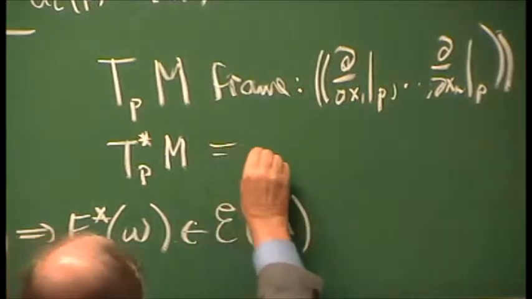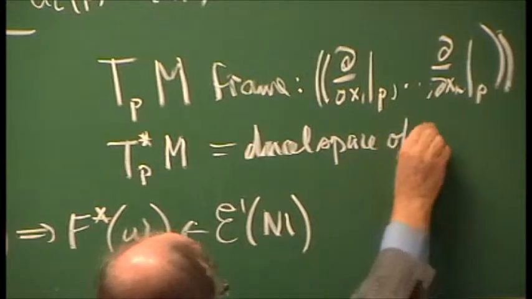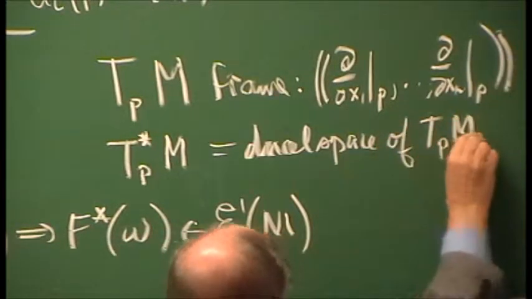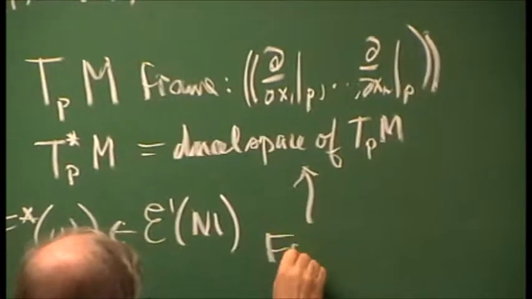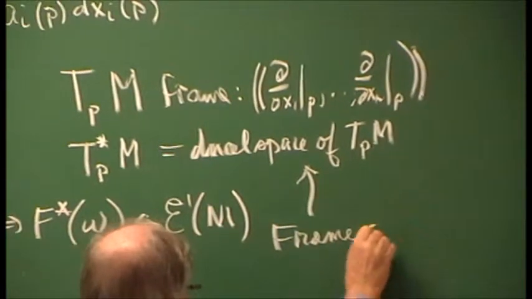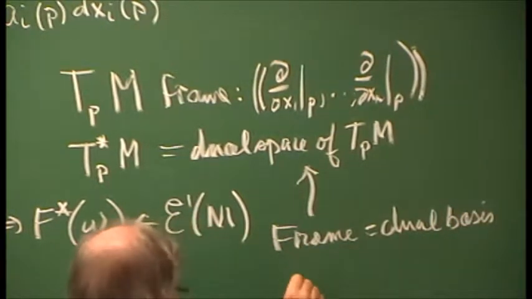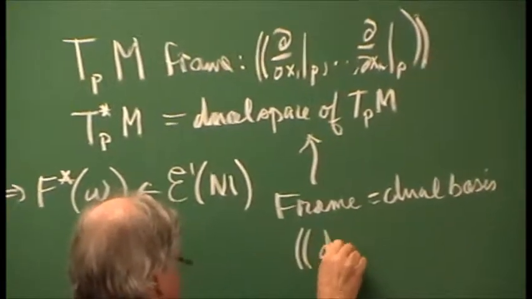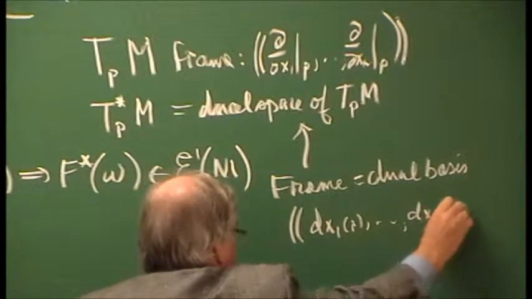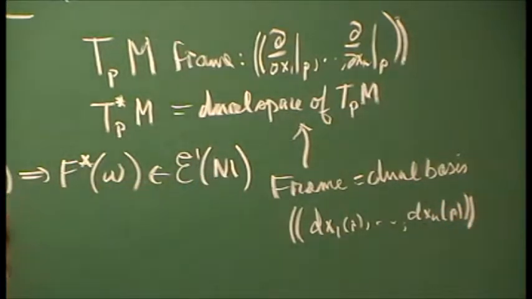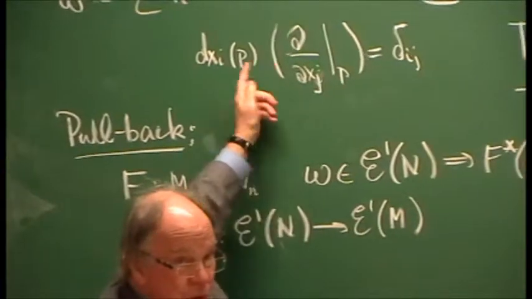This is the dual space, just as a vector space, of the tangent space. And it has a frame. The frame is the ordered dual basis to the above. And this ordered dual basis, notation-wise, is dx1 at p through dxn at p. That's what I meant by saying, here is the definition of dxi at p, just the dual basis here.